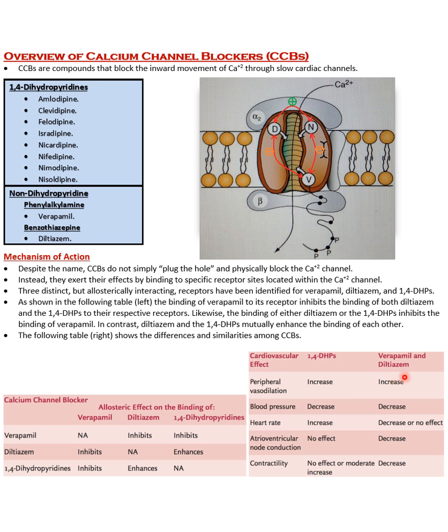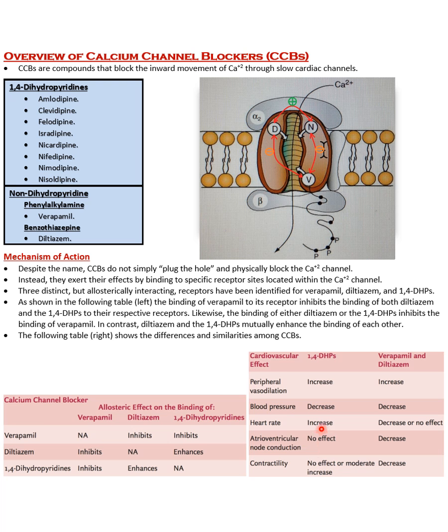Now the main difference is that the 1,4-dihydropyridines increase the heart rate, and they also might increase contractility. They don't have an effect on the AV conduction nodes.